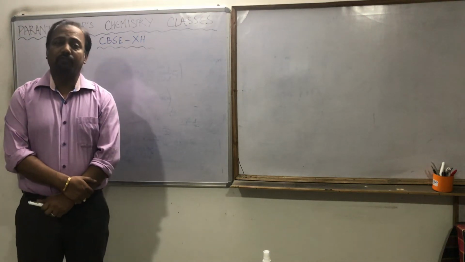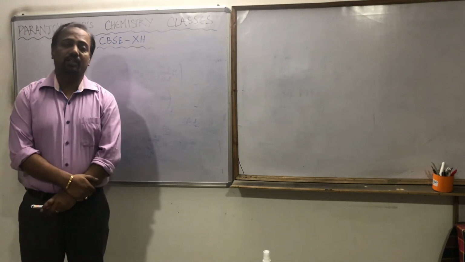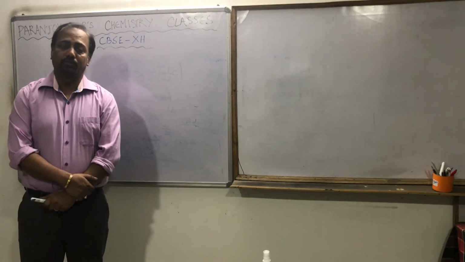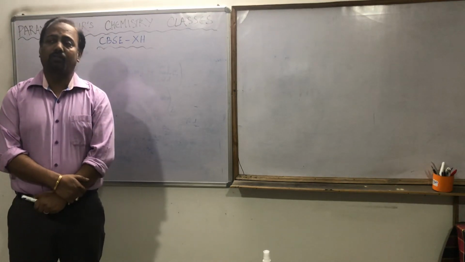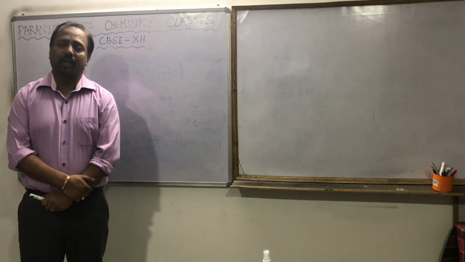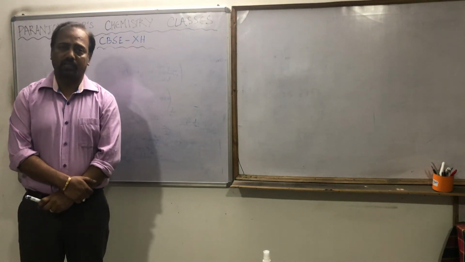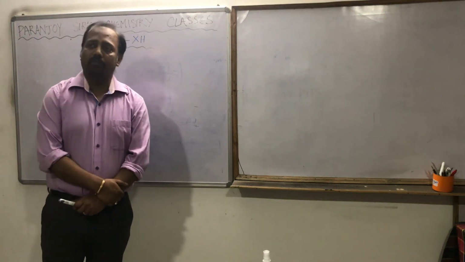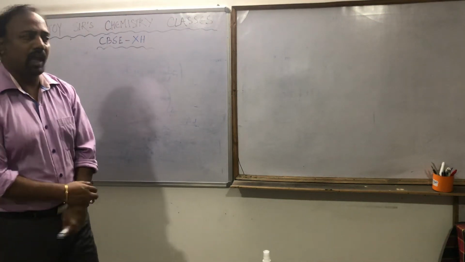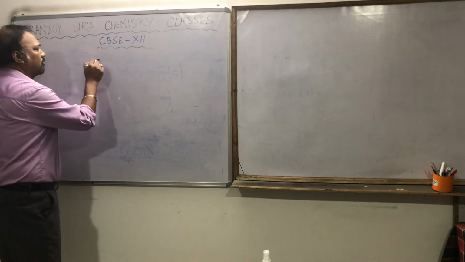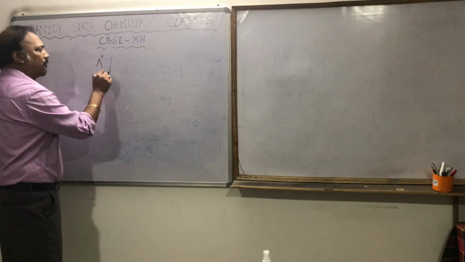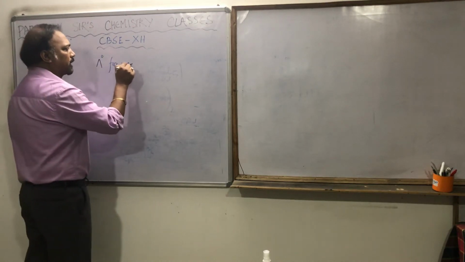But that is not possible for weak electrolytes, right? Because the curve is parallel to the y-axis, by extrapolating we cannot get it. So the question in our mind now is, how can we find the value of lambda 0 for weak electrolytes?